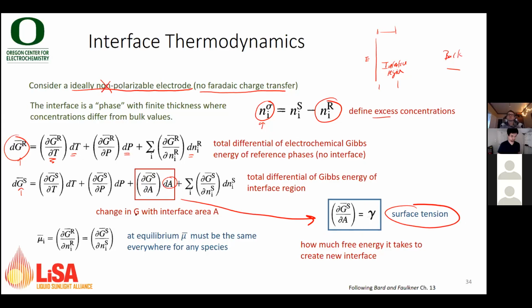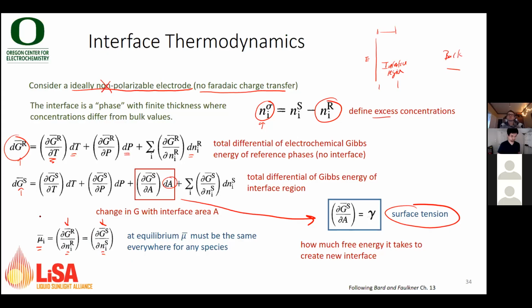Okay. Another thing we're going to make use of, one of the properties of the electrochemical potential, is that for any given species Ni at equilibrium, the electrochemical potential in the reference phase and the solution phase needs to be the same, right? The magnitude of the electrochemical potential needs to be the same if they're at equilibrium. That's just one of our definitions.